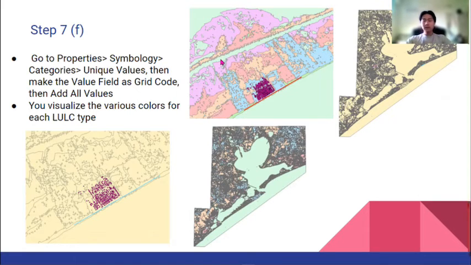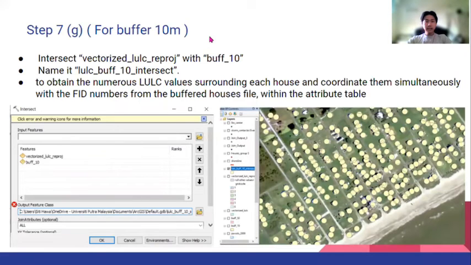Move on to the next step, which is 7G for buffer 10 meter. We intersect the vectorized LULC reproj with buff 10, like the figure below at the left side, and then name it LULC buff 10 intersect.